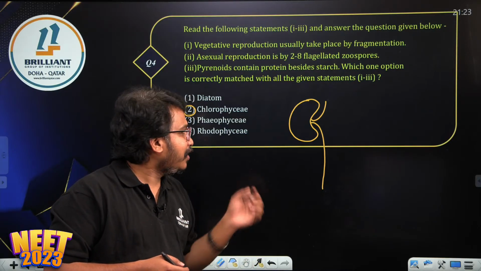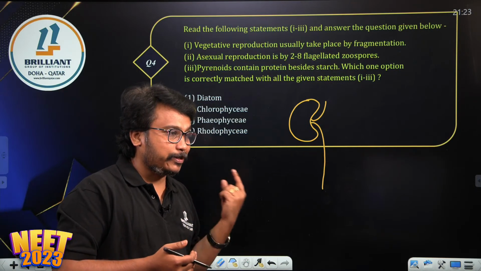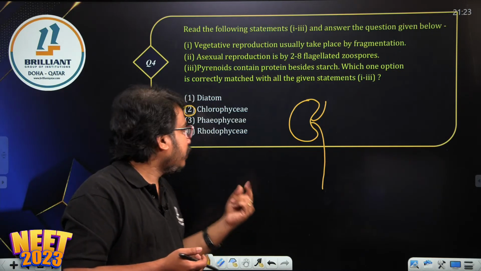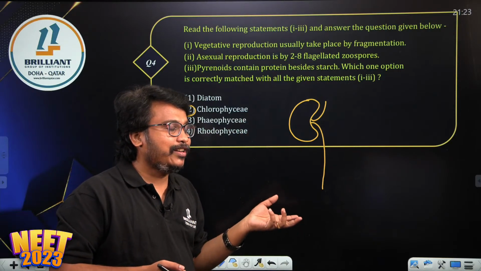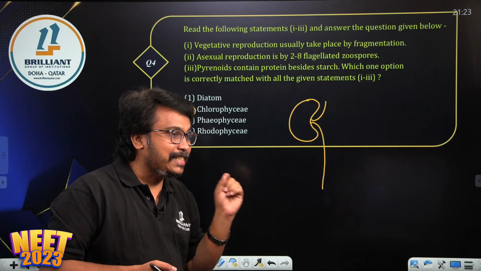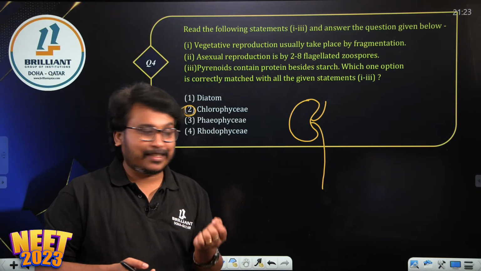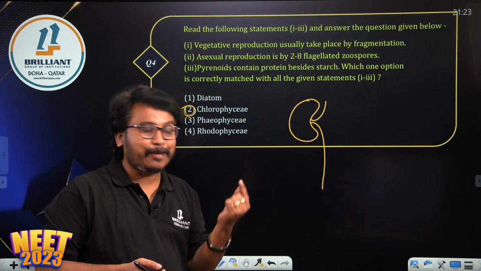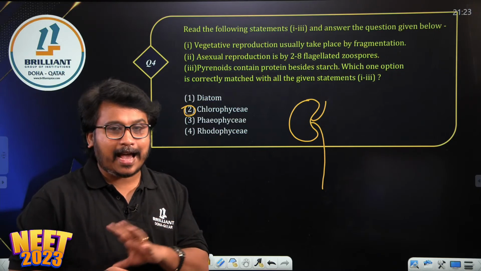And in which members are the motile forms absent? One more question. In which members? Phaeophyceae only you said the answer is Phaeophyceae. Now next question. In which members of algae is the flagella absent? Samuel has given the answer, red algae. First answer by Samuel. Rhodophyceae, the motile stages are completely absent.